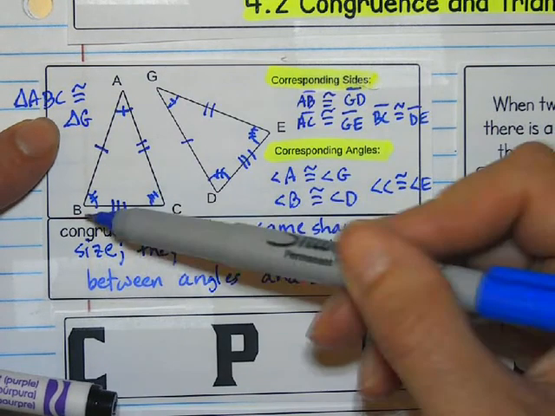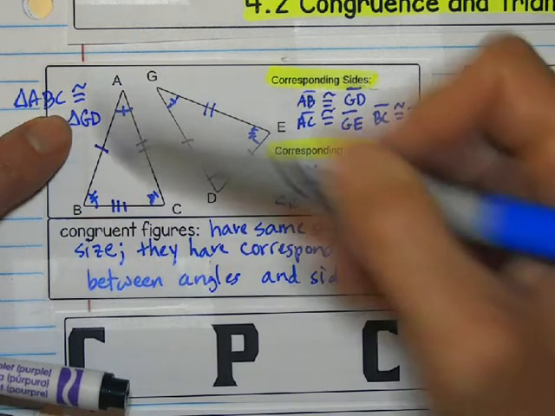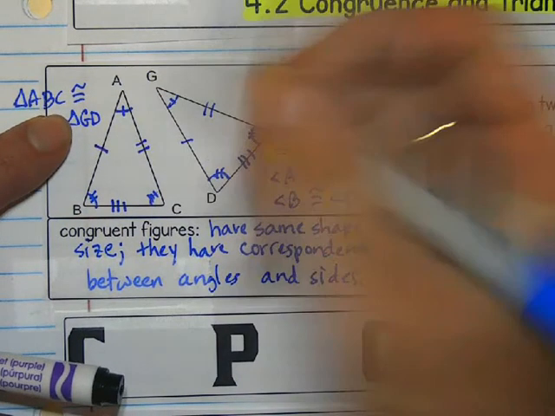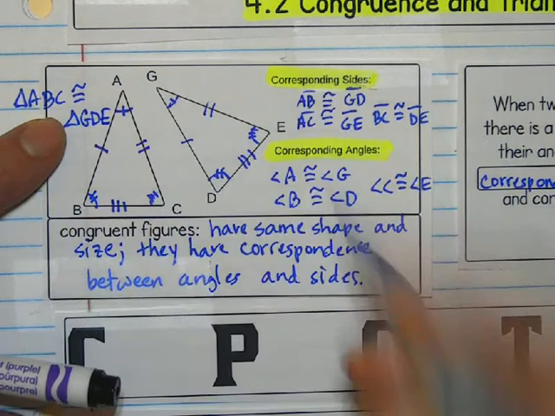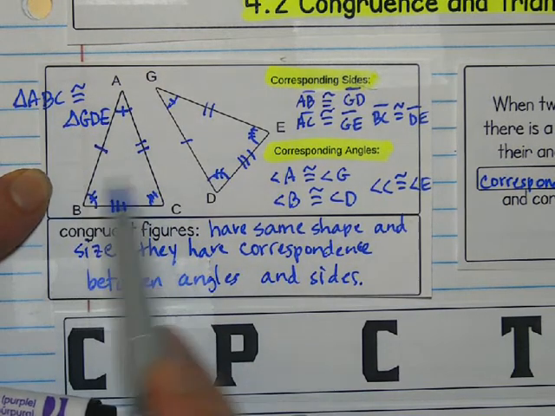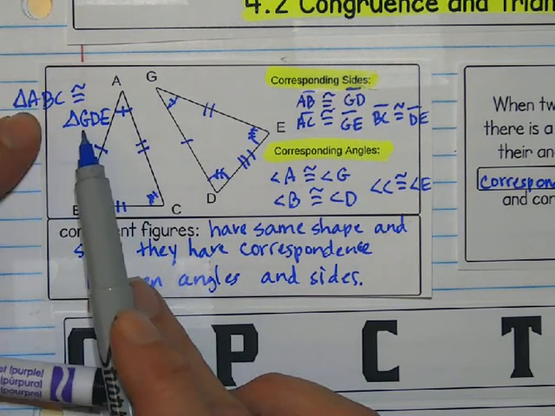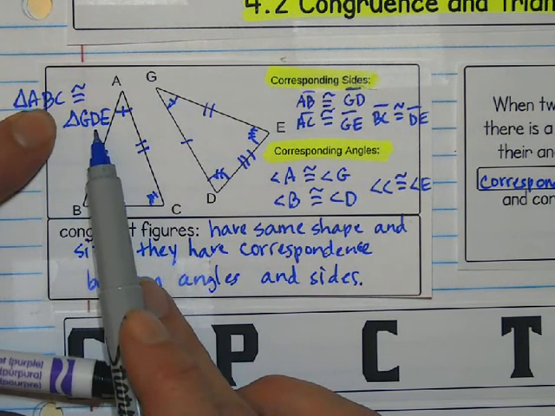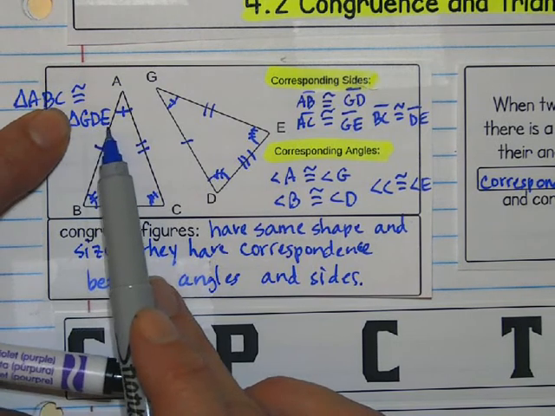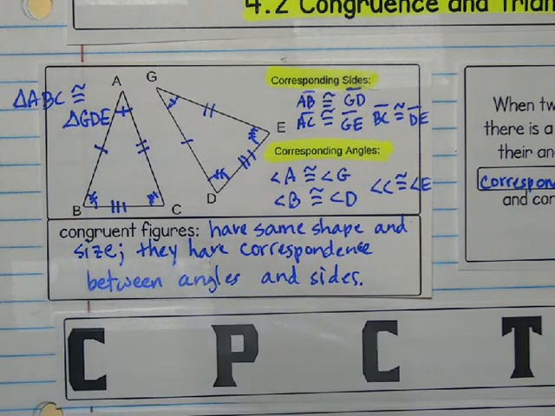And the C corresponds to the E, so it has to be last. So the order of your letters has to match based on what they correspond with. A goes with G, so they're first. B and D go together, so they're second. And C and E go together, so they're last. If you mix those letters up, you actually miss it. So make sure that you always correspond your letters and write them in the same order.